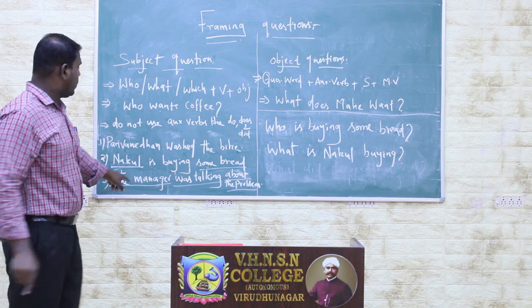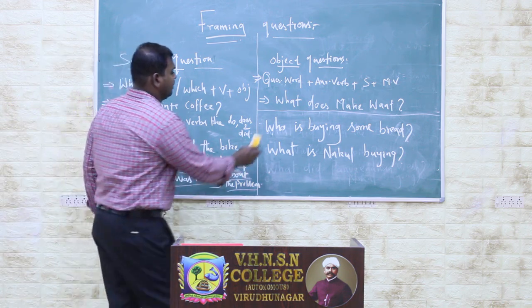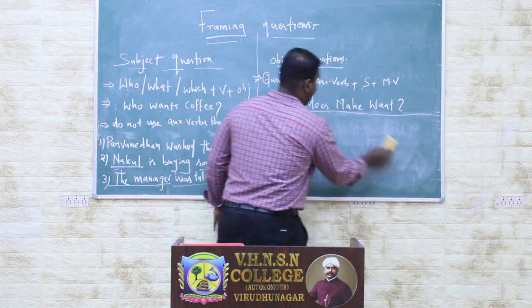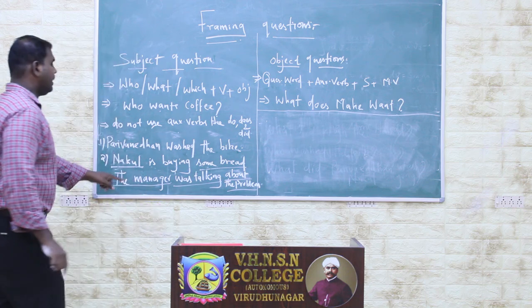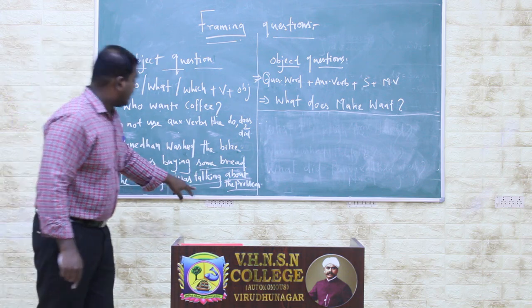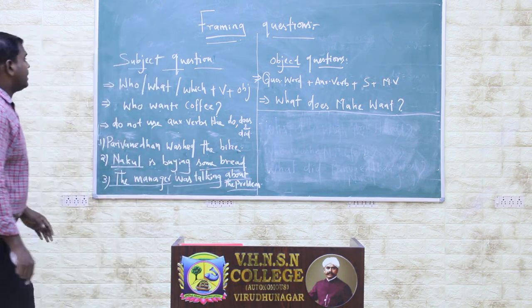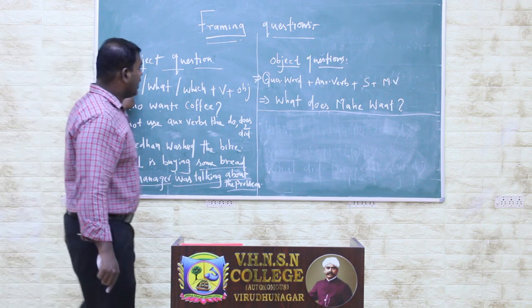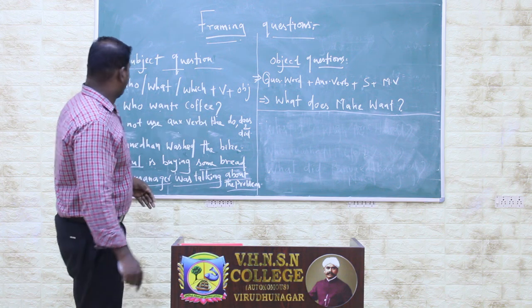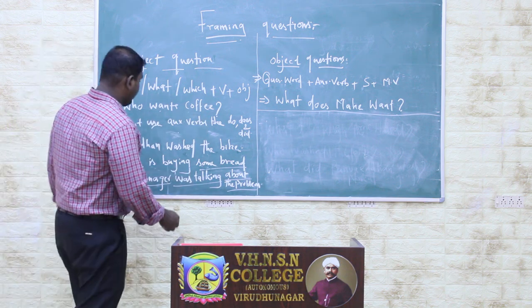Likewise, check this sentence: the manager was talking about the problem. Here the subject is the manager and the verb is was talking. The object is about the problem. By applying these formulas, we are going to frame subject and object questions for this sentence.